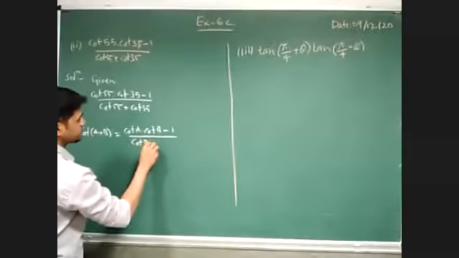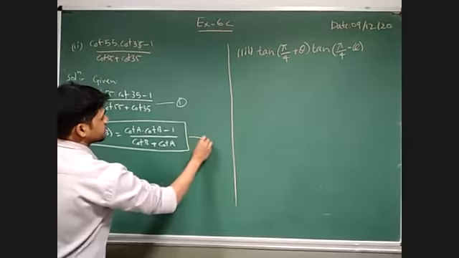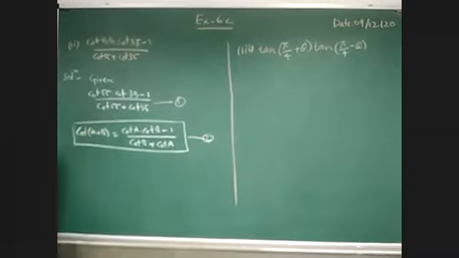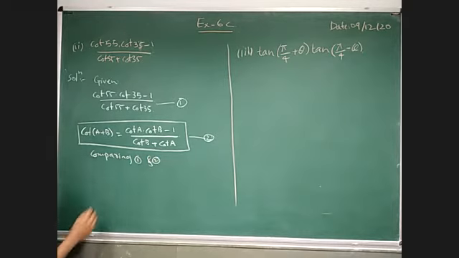Comparing equations 1 and 2, I am able to write cot (55 plus 35) is equal to cot 90, and cot 90 is 0.